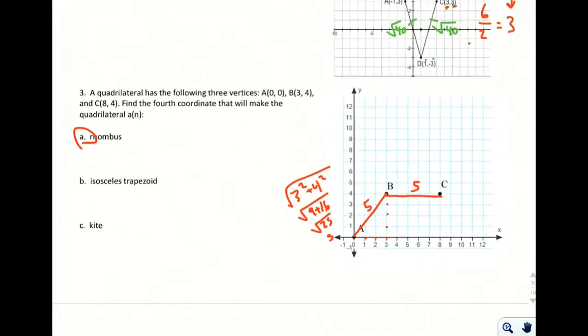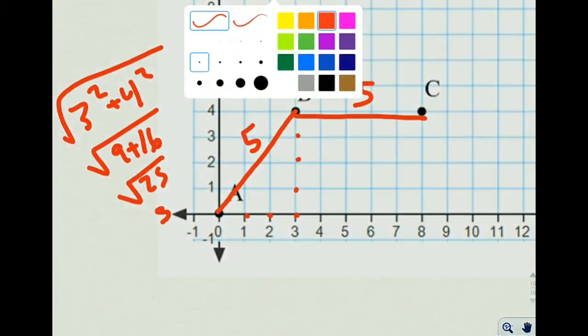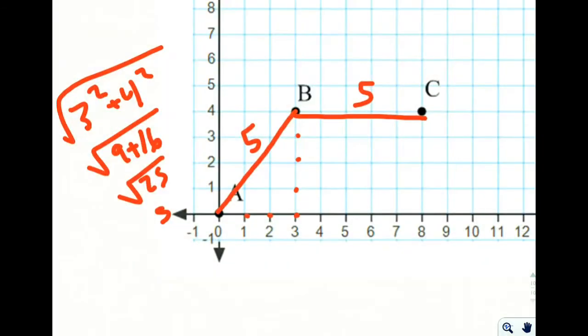Now for the first one, A, it says find the coordinate that will make it a rhombus. If we want it to be a rhombus, all 4 sides have to be length 5. So let's go from here and count over 1, 2, 3, 4, 5. And then let's check to see if our fourth side would also be a length 5.